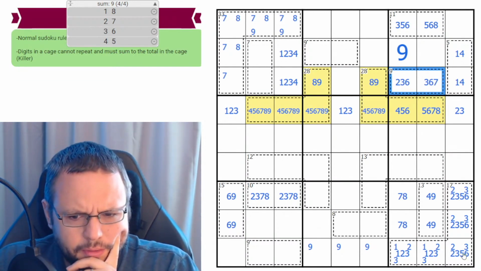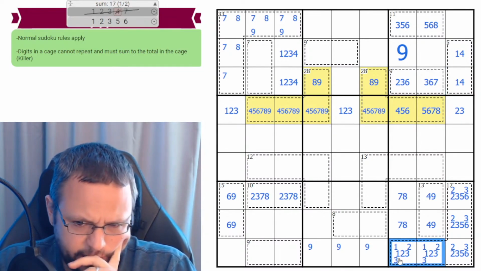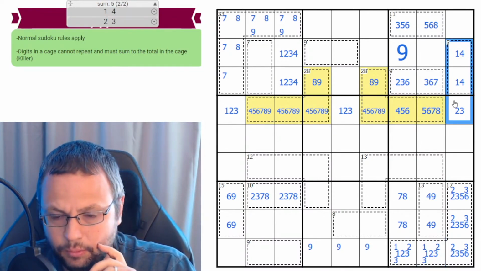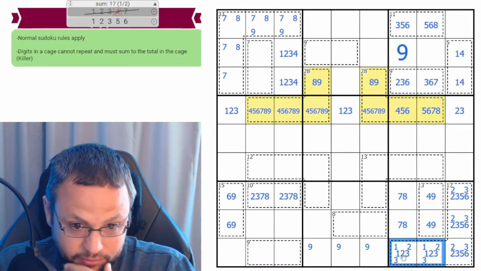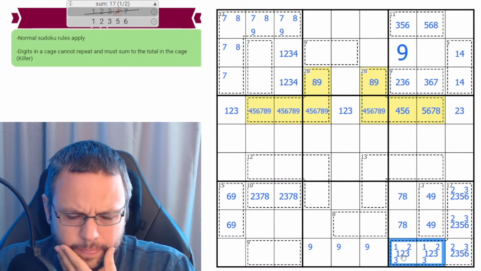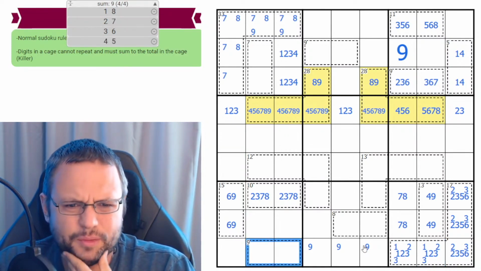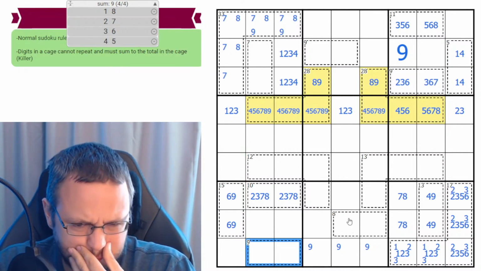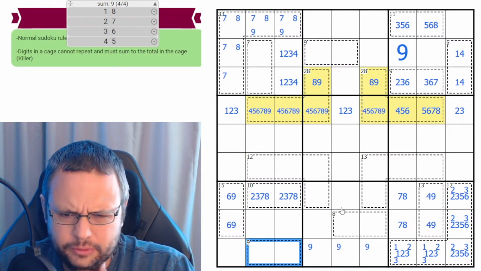So, I know that 2 of 1, 2, 3 are down here. I know that 1 and 1 of 2, 3 is down here at least. Does this have to have a 1, 2, 3 in it? I don't know.